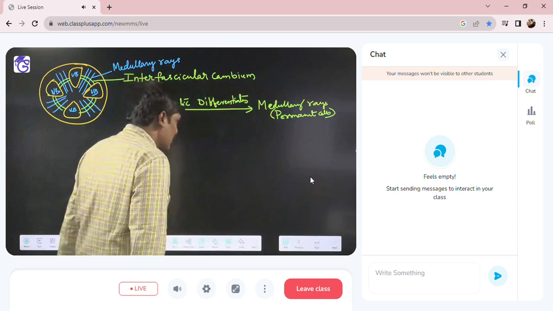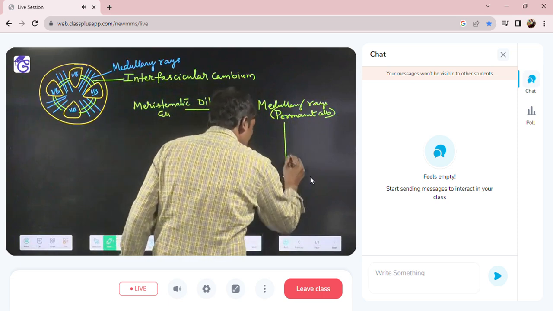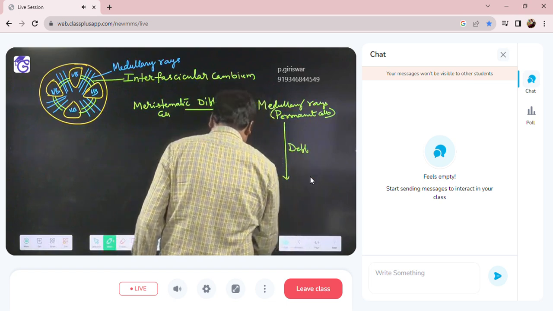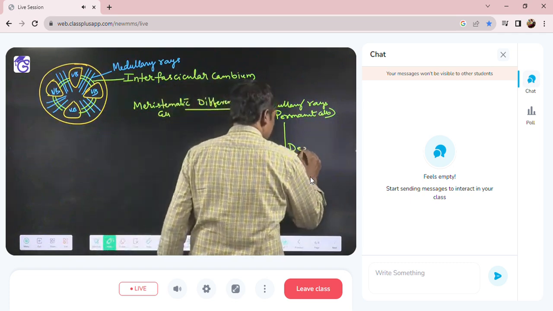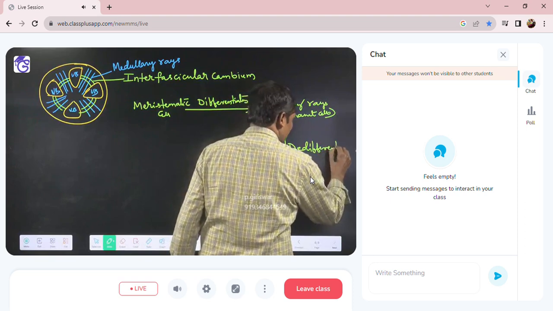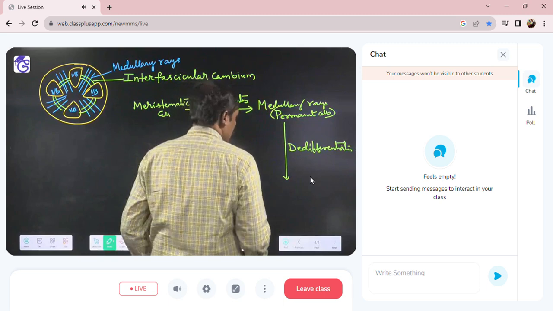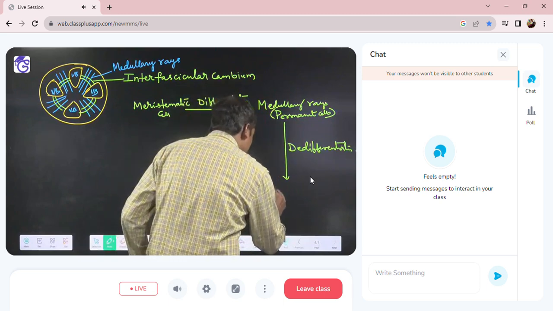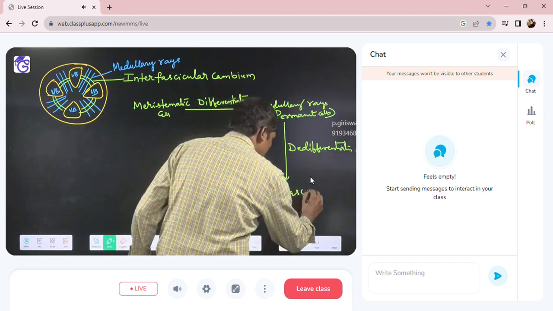Now what I am telling is, this permanent cell dedifferentiates and forms interfascicular cambium.